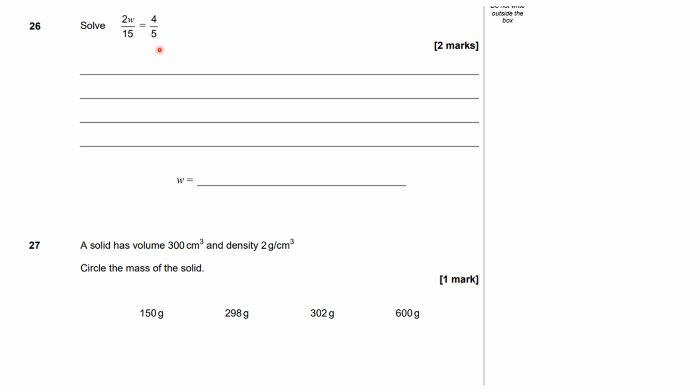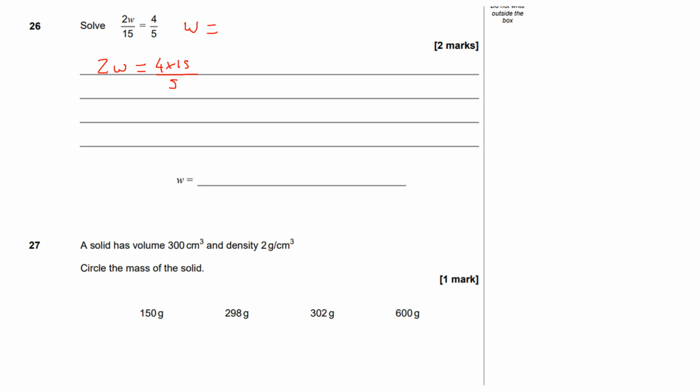So this question says, solve 2w over 15 equals 4/5. Let's go through it step by step. I'll do full guides on solving equations and rearranging. So we need this to end up in the format w equals something. At the minute, w is mixed in with everything. So first I'm going to multiply everything by 15, which gives me 2w equals 4 times 15 over 5.